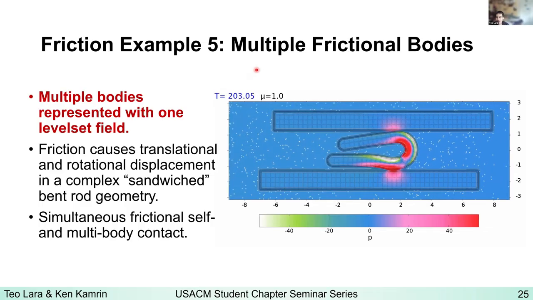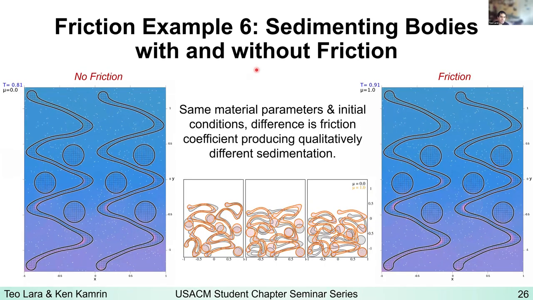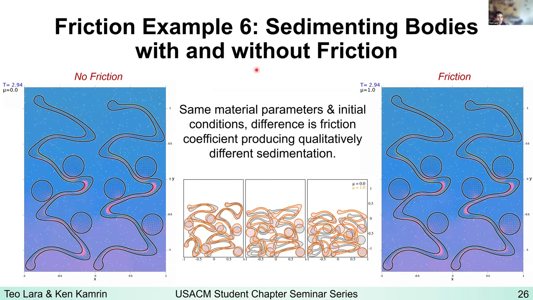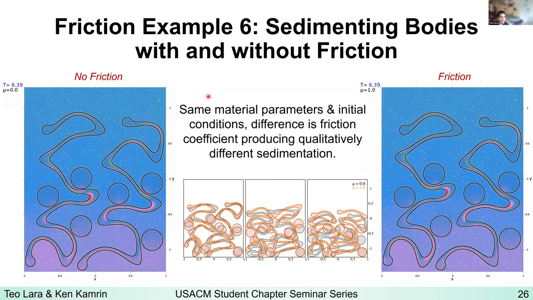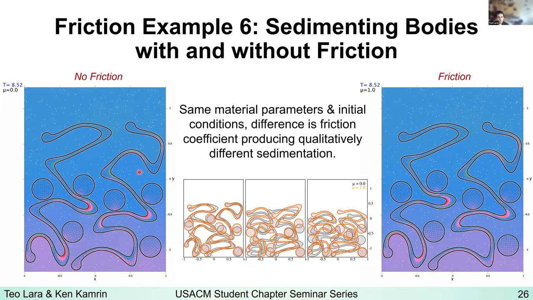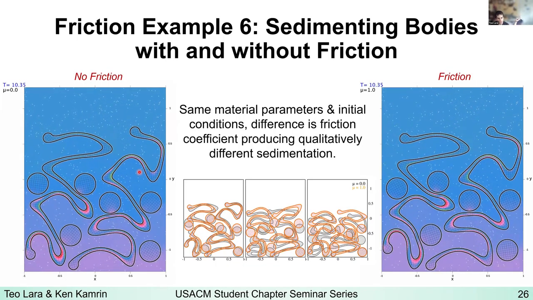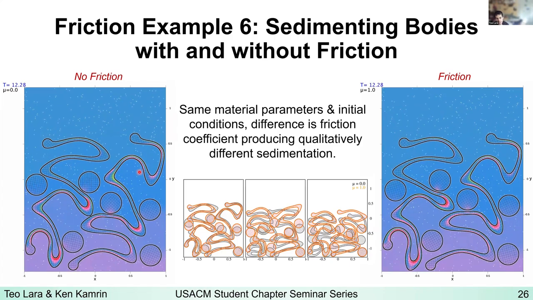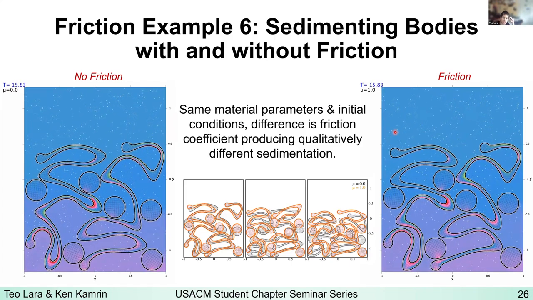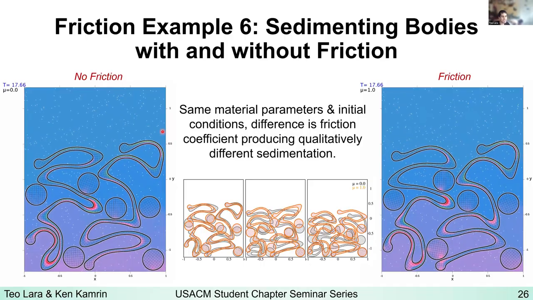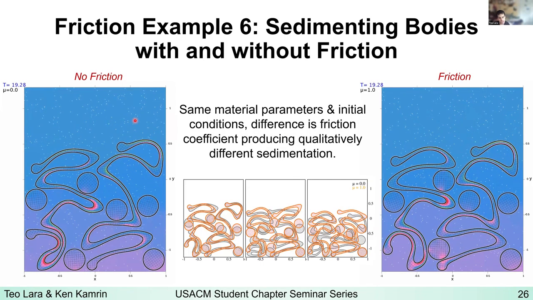And then one final test case. This is our sedimenting bodies with and without friction. So back to the example I showed you with these little accordion shapes and the 6 discs. Same material parameters, same initial conditions, same gravity, same everything, except that in the case to the right, there is friction compared to the case to the left when there is not friction.